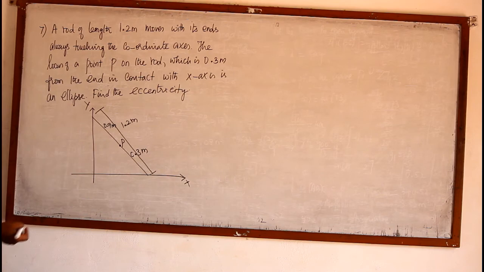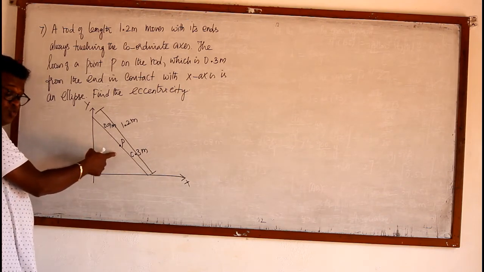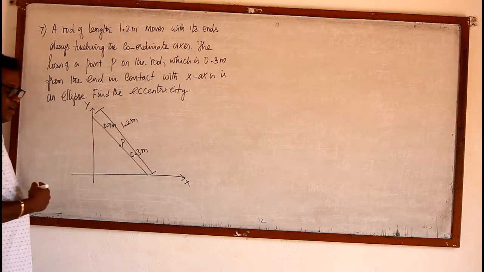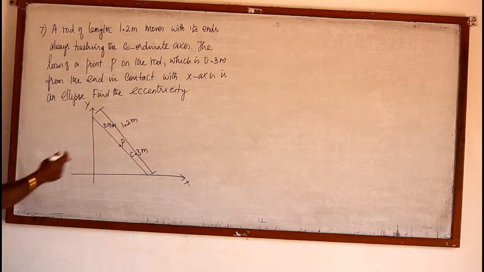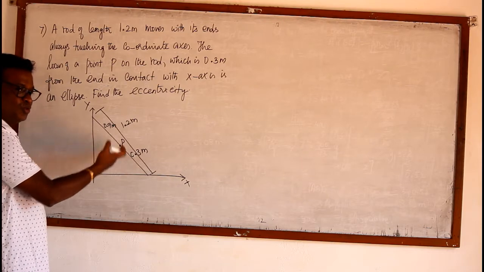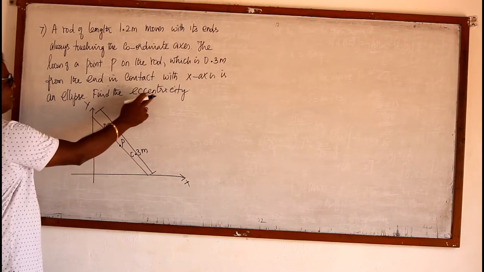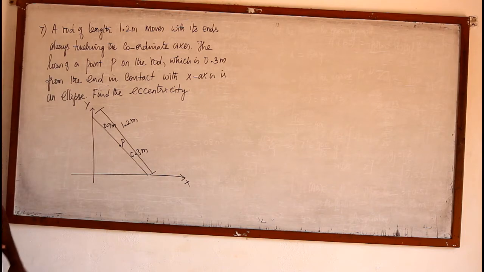If I allow this point to move, the locus of this point will be an ellipse, that we have to find out. That is, I have to prove the locus of this point P, if it is allowed to move, will be an ellipse. So we have to find the equation of the ellipse, and also the eccentricity of the ellipse.